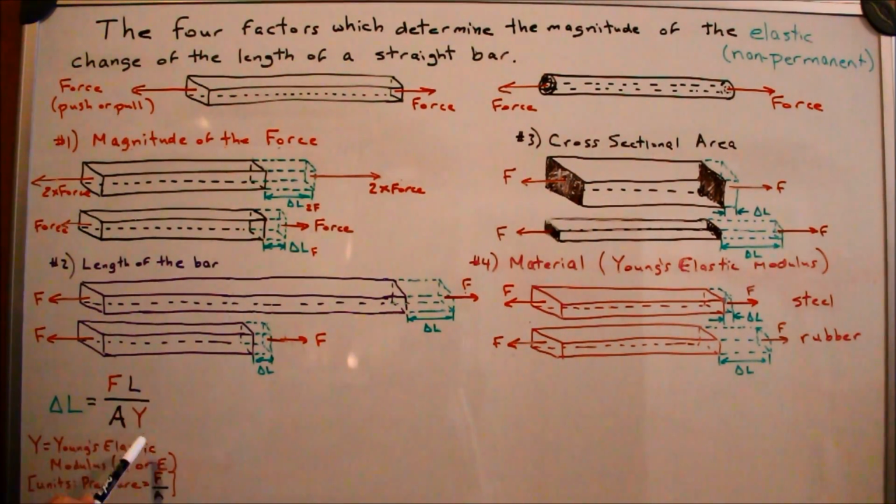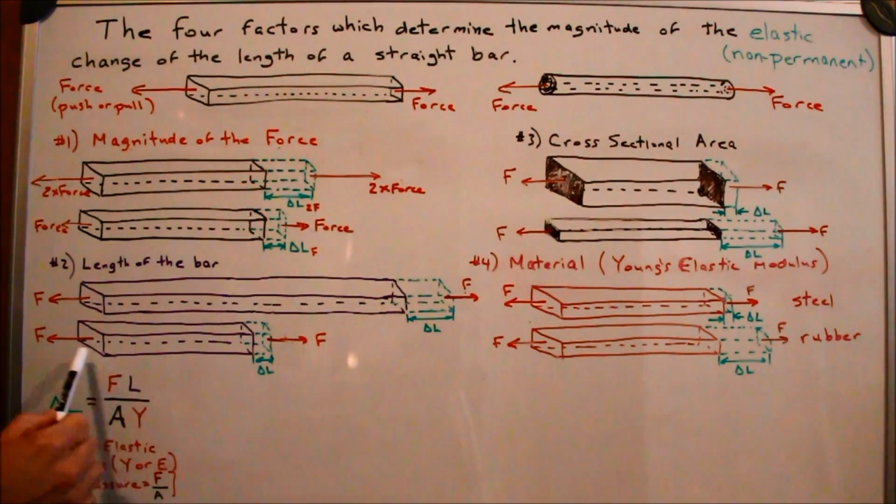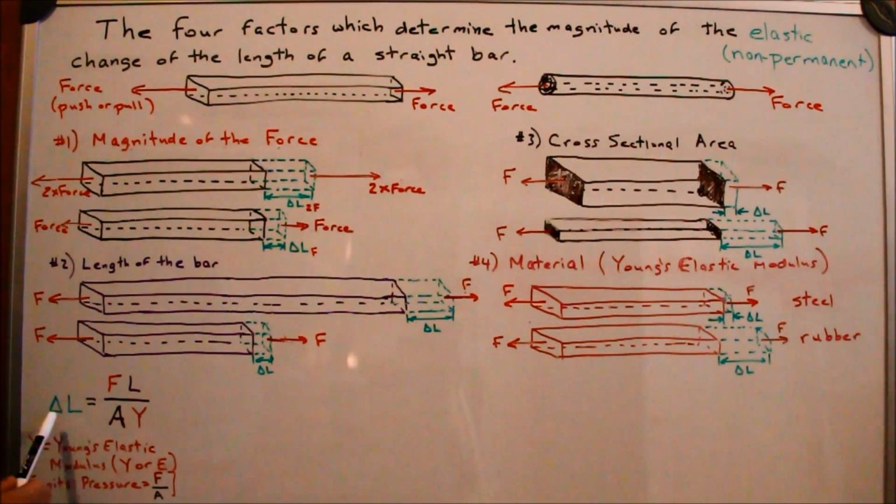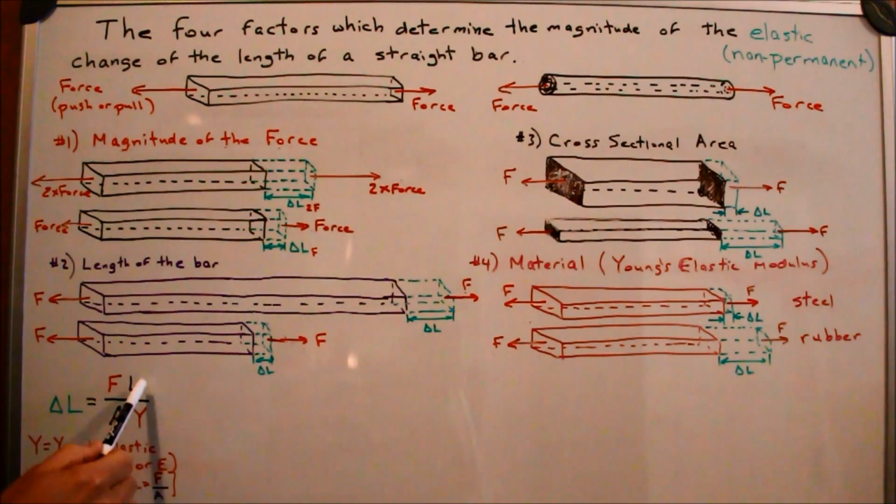The units of Y, to make this all work out, is a unit of pressure. It's a force over an area. This is a good way to remember this. So change in L is force, length, and then divided by the cross-sectional area and Young's elastic modulus.